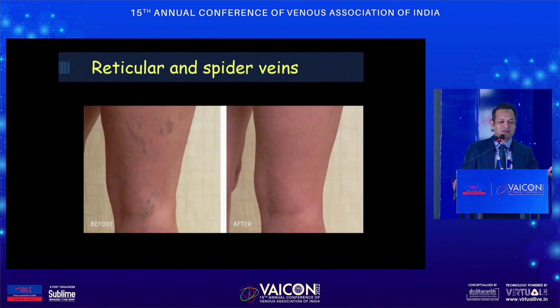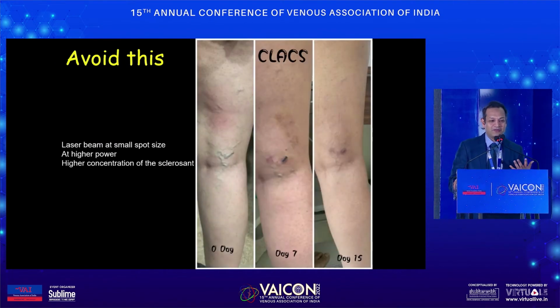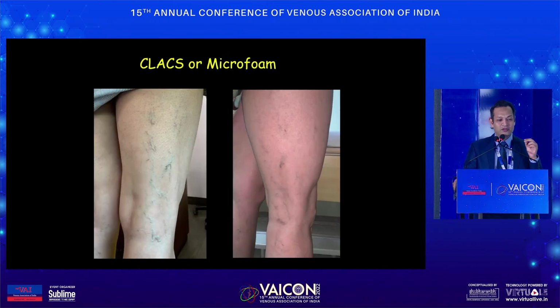You can actually get this type of results very nicely. I'll show you some pictures. Look at this: very superficial C2 veins, reticular veins, some C1, and there is skin necrosis. There is a small pigmentation. This will happen in some of your patients. Look at this.